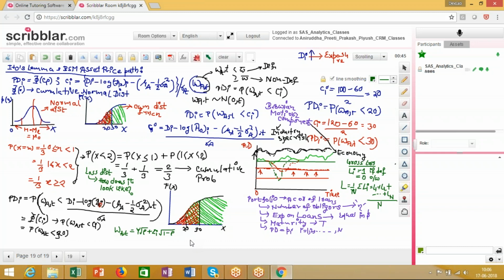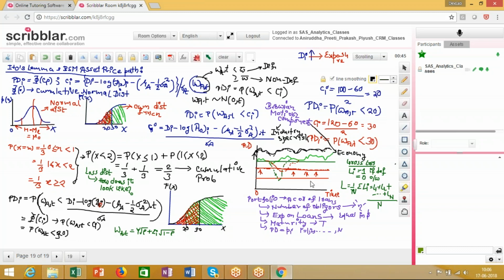Here we say that the Wiener variable, or this Brownian motion, or the variable which creates the stochasticity or the uncertainty in the entire system, is comprised of factors. So what are the factors? The factors are, number one, y root rho.